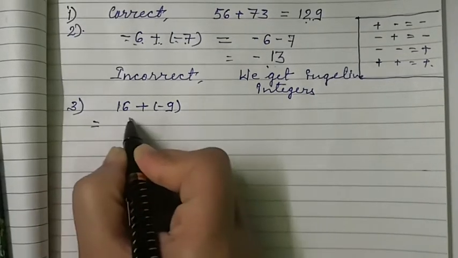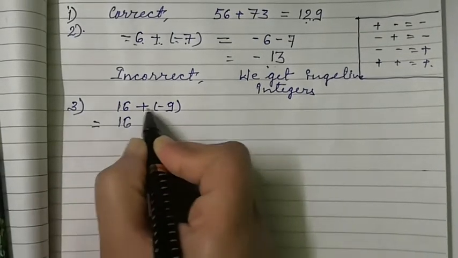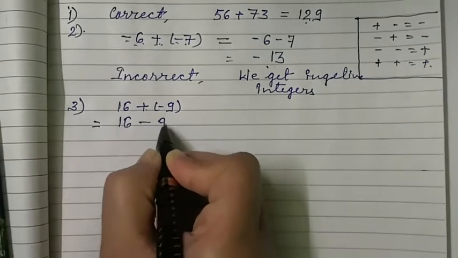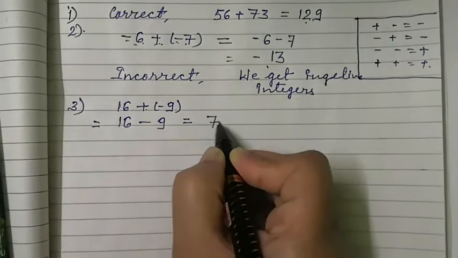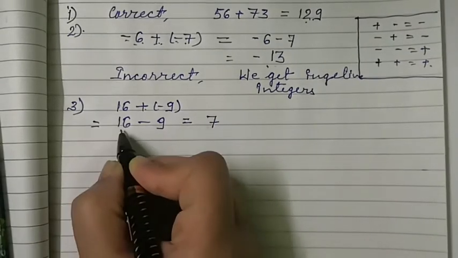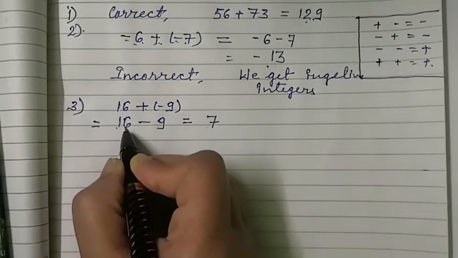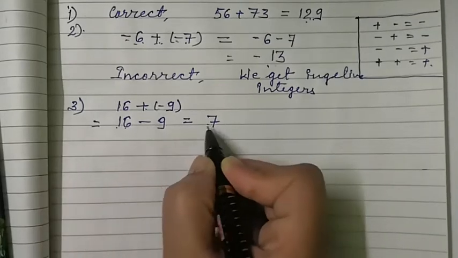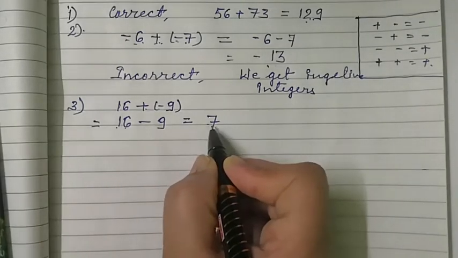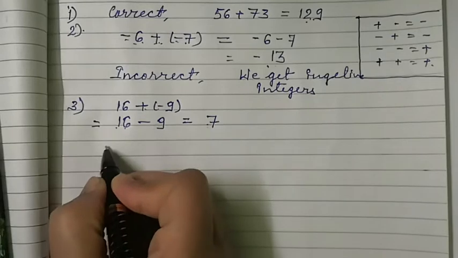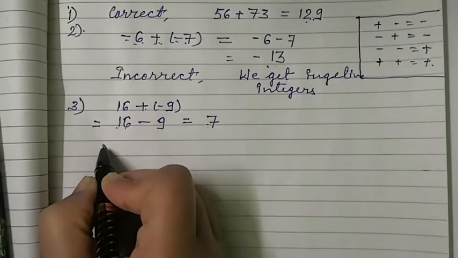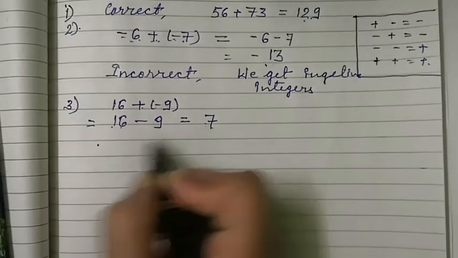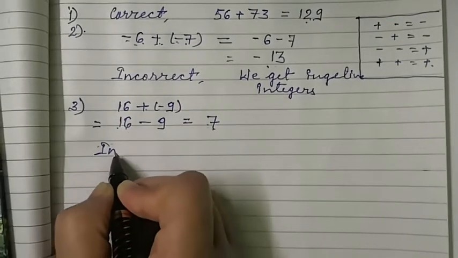Let's check. 16 plus minus will be minus, 9, we get 7, and the sign will be the sign of the bigger digit, so plus 7 we get. So this will be incorrect, because in the question they say we always get a negative integer, but this is a positive integer, so it will be incorrect.